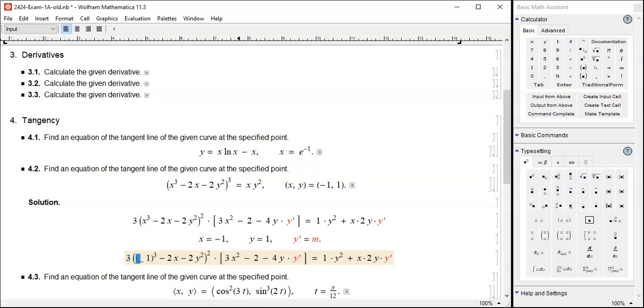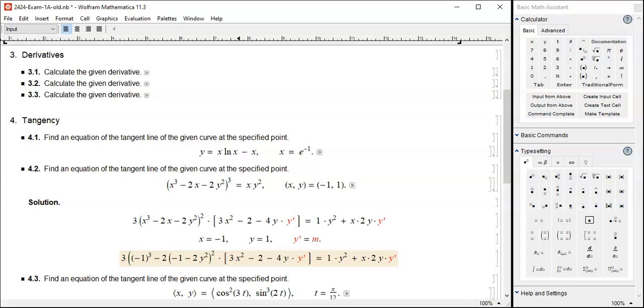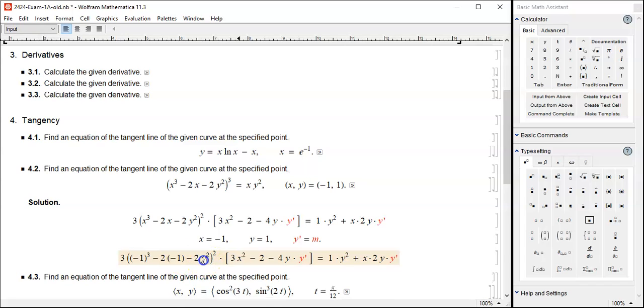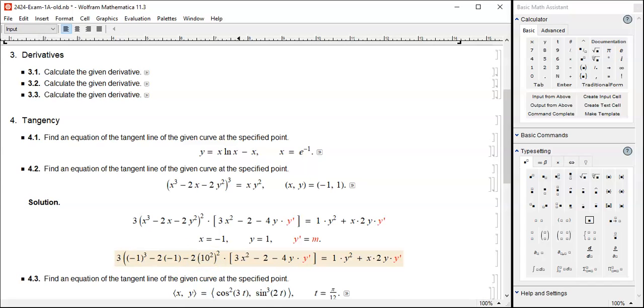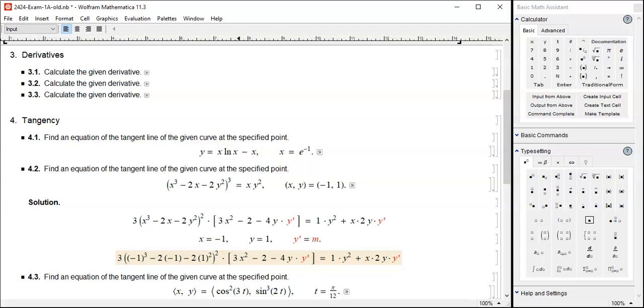So that's -1 to the third power, and this is going to be -1, and this is going to be just 1. Oops. And then this is going to be -1, and that's 1, and y prime will be m, the slope. That's 1, that's -1, that's 1, and this is my m.